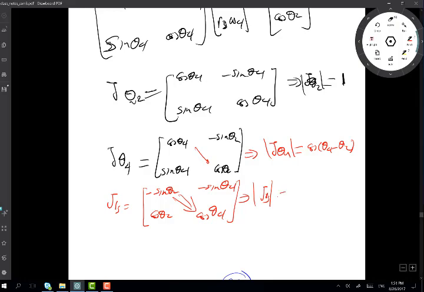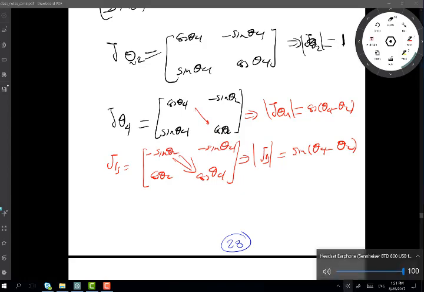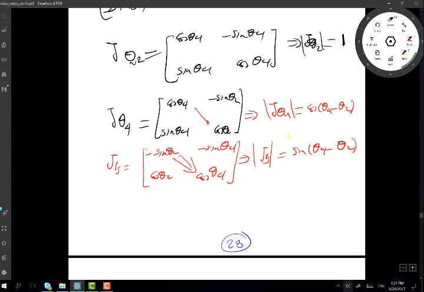So this will be equal to sine of theta 4 minus theta 2. I can write it here for you, so I don't want to be confused.